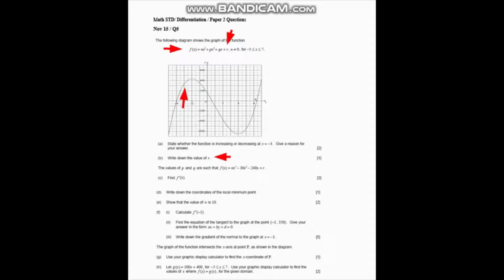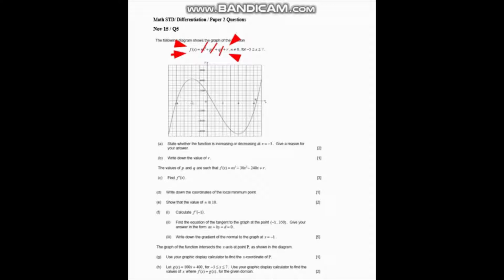value of the function when x equals 0. So if I put x equals 0, what will happen to f of x? This will be a 0, this will be a 0, and this will be a 0. Hence, the value of f of x will equal the value of r. Or in other words, the value of y shall equal the value of r.